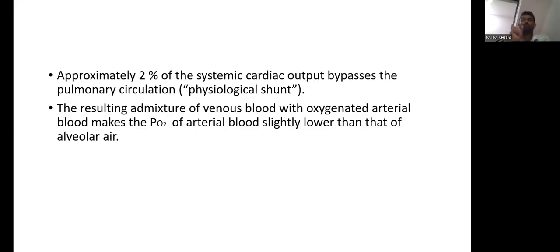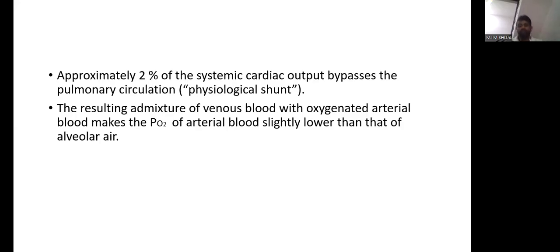When a portion of blood is not traveling through the pulmonary circulation, it is still deoxygenated blood. When that small portion of deoxygenated blood, the shunted blood, joins the oxygenated blood, the partial pressure of oxygen is a little reduced, because oxygenated blood is mixed with deoxygenated blood.